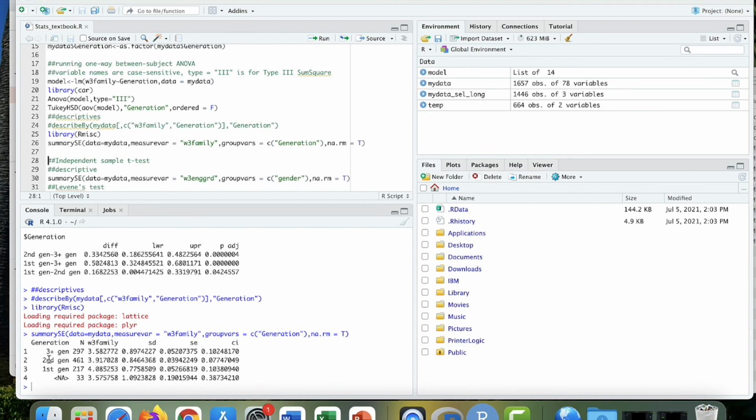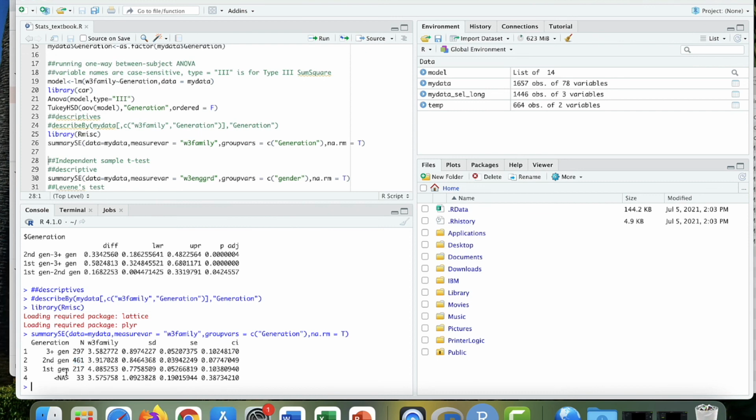And then you can see the second generation data. The sample mean is a little bit higher than it was for the third generation group. And we found earlier here in the comparison of second and third generation that difference is statistically significant. And the sample size for the second generation group is 461.